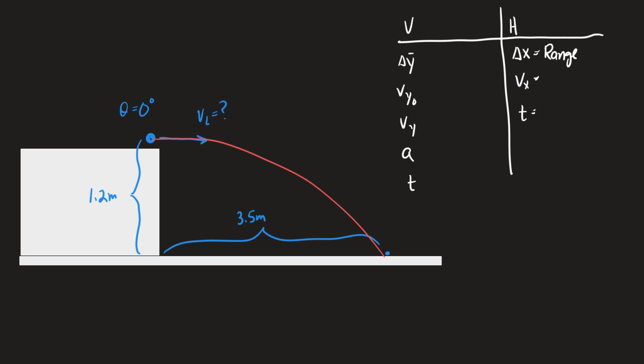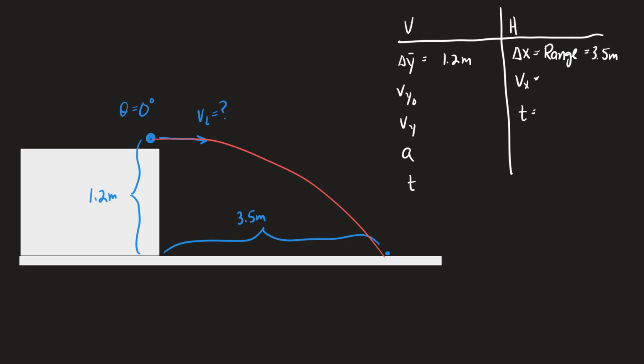In the example that we're talking about right now, we are given the range where it landed, 3.5 meters away from the front of the table. We know delta y. The ball landed 1.2 meters below where it started. So my delta y is 1.2 meters.